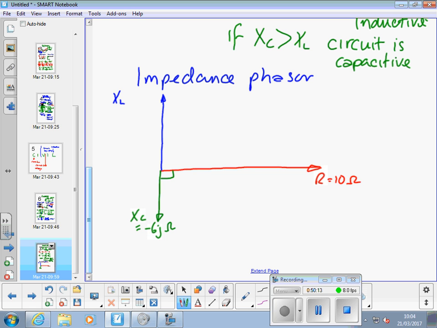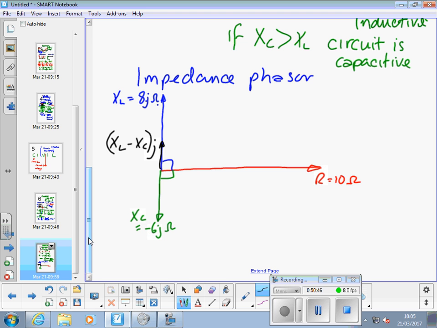And we've got XL equals 8J ohms, 90 degrees upwards. Then what we've got in here is a value that is XL minus XC J, the difference between those two.